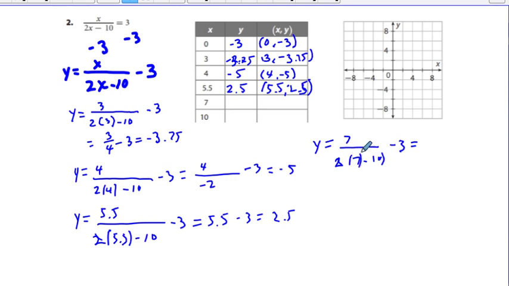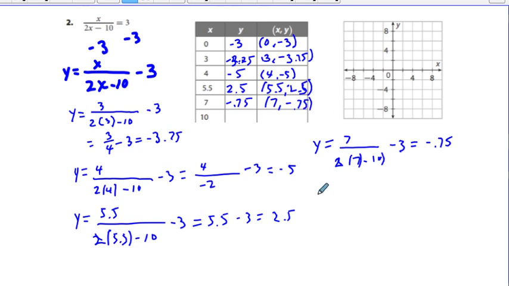That's going to be 14 minus 10, so that's going to be 7/4. Right, because we got 14 minus 4, so 7/4 minus 3. 7/4, that would be 1.75 minus 3, so that's going to be negative 0.75. So we get 7, negative 0.75.